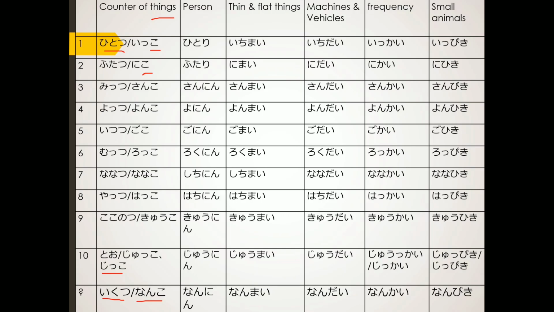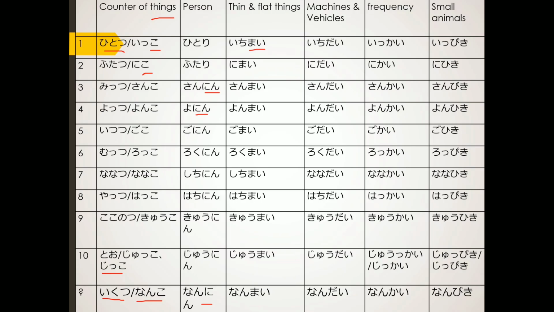Come to next, for person, the counter is hitori, futari, sannin, yonin. Nin is the counter suffix. Gonin, rokunin, shichinin, hachinin, kyunin, junin. Question is nannin. For thin and flat things like CD, paper, the counter is mai.